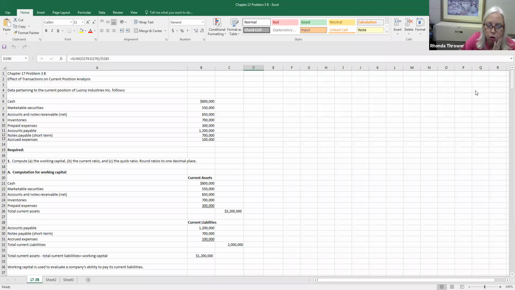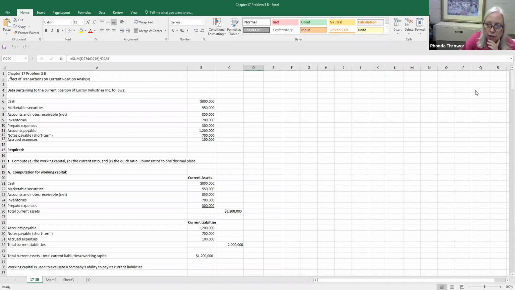In the B part of this transaction, they told you that you paid accounts payable. Well, this time your accounts payable would have decreased, which means that your current liabilities would decrease. Your cash amount is decreasing, so your current assets would have decreased.